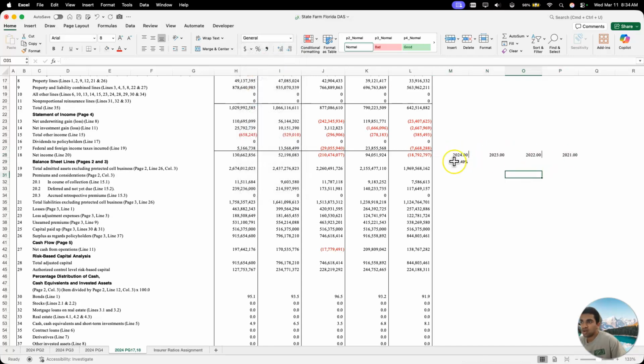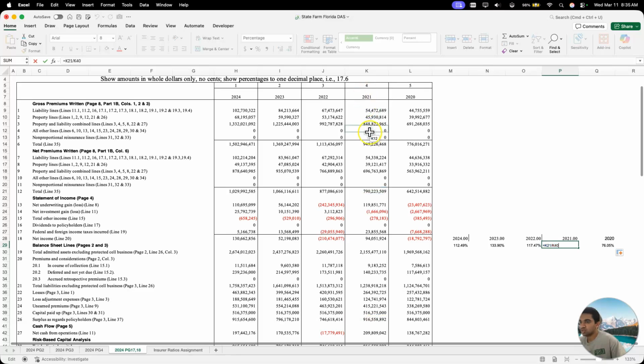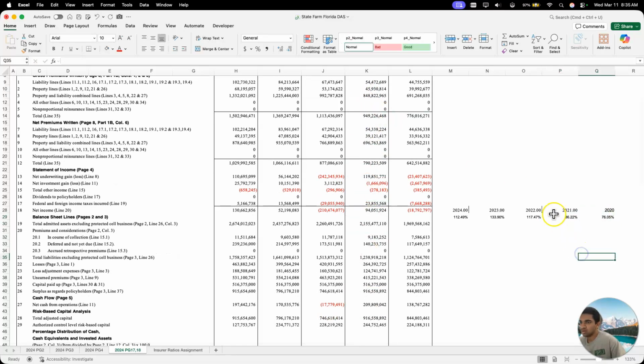Actually, I need 2020 as well. Then just drag it, and you're going to wonder where it got that number from. This is the 2021 number, 2021, and 2021. All right, so that's the first one.